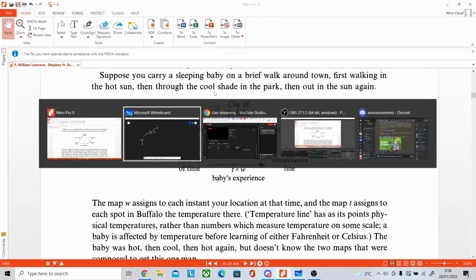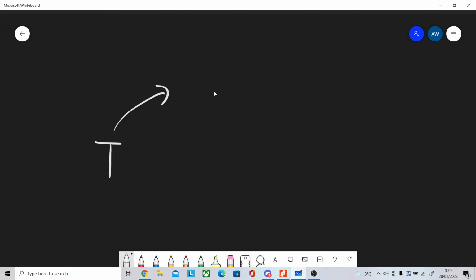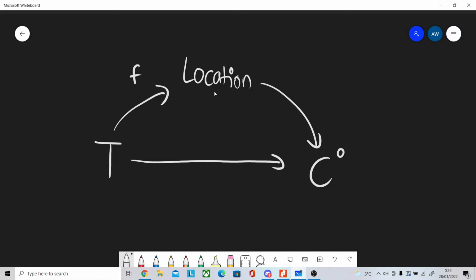So if you have time and then, oh no, location, and then temperature, obviously you can compose these two maps together. How would that look? Hold on. Yeah, like this. Then you'll get how the baby is feeling at the time.